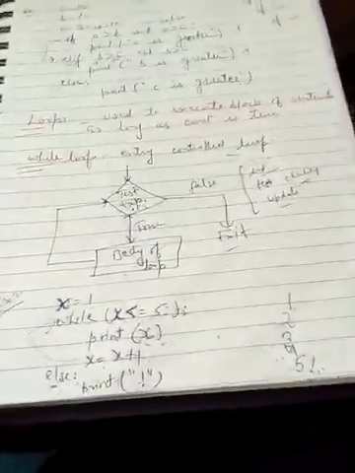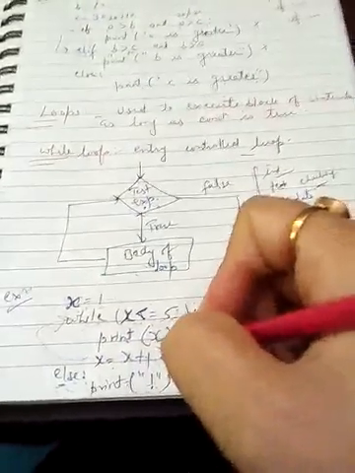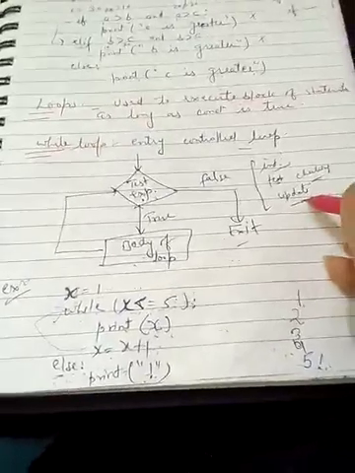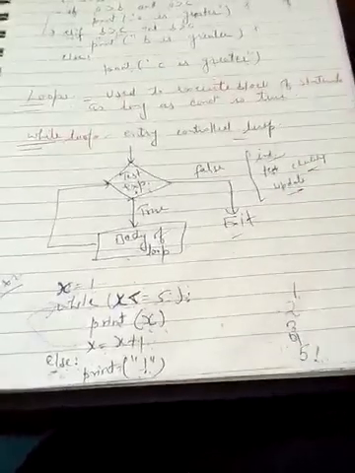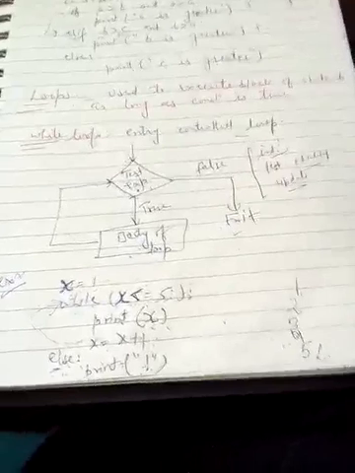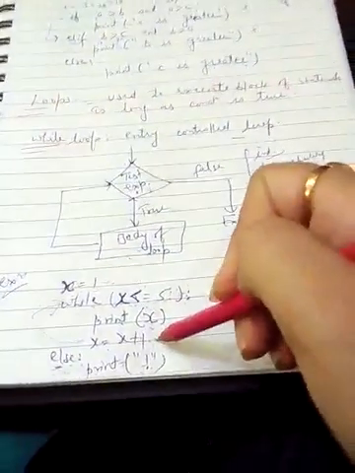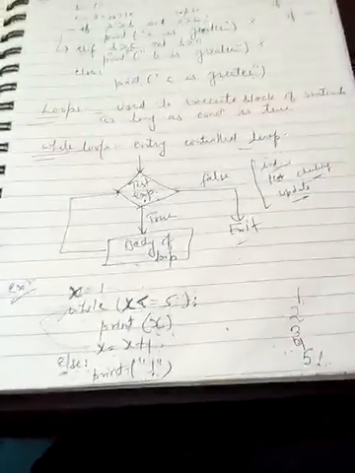For running the loop we have to increment or decrement, or whatever operation you want to perform, to update the particular variable we are using in the condition. It can be incremented or decremented, whatever the requirement of your program is. So generally these are the 3 elements: initialization, test checking, and updating the variable. This is all for the while loop. I hope it's clear to you how we can use the while loop.